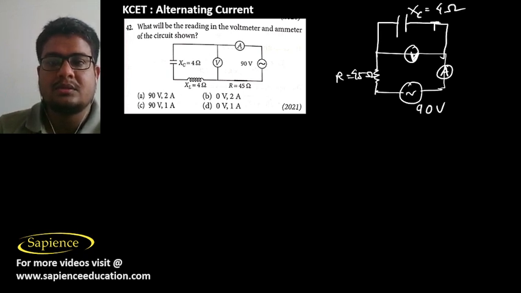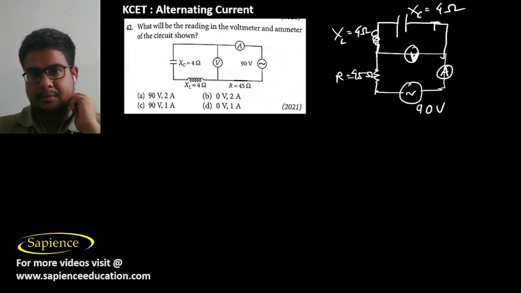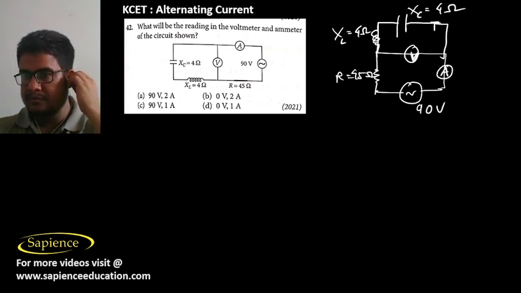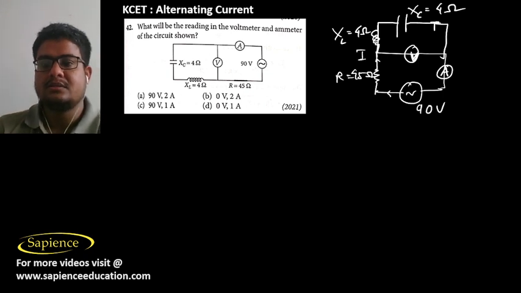Here we have an inductor also with inductive reactance. We need the reading in the voltmeter and the ammeter. This current I is the RMS value of the current.